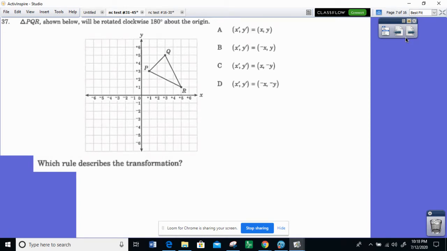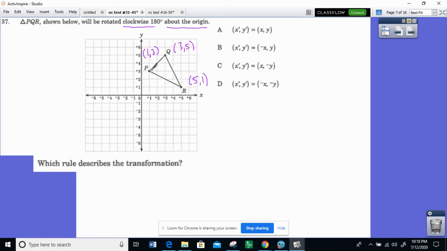Number 37 says triangle PQR shown below will be rotated 180 degrees clockwise about the origin. Which rule describes the transformation? Well, first, let's get the coordinates for P, Q, and R. P is at 1, 3. Q is at 3, 5. And R is at 5, 1.